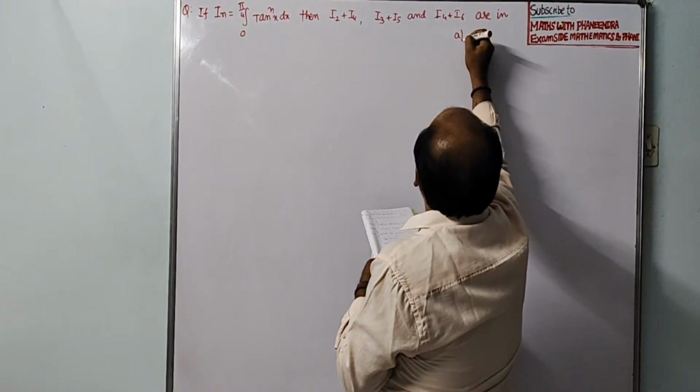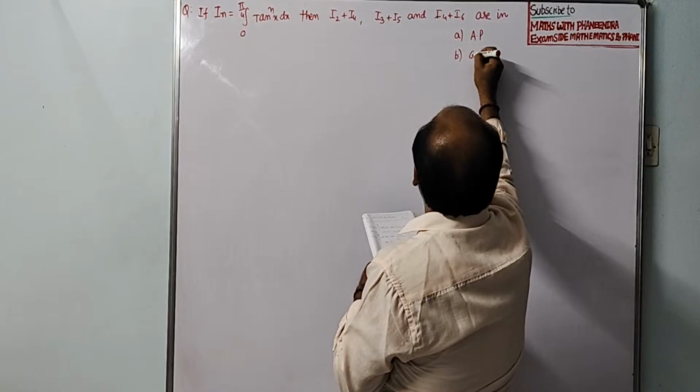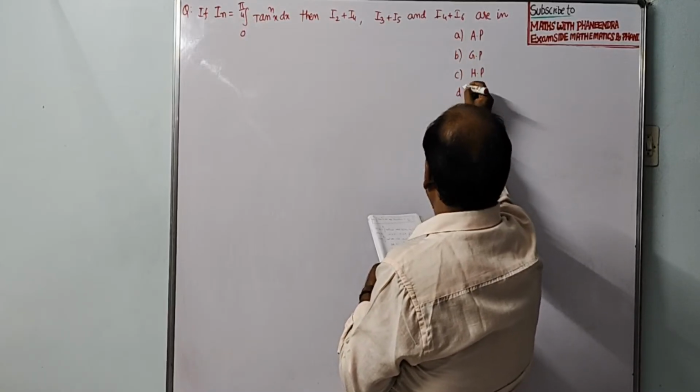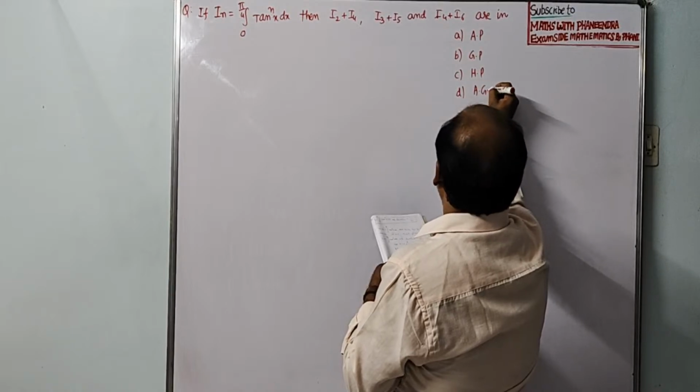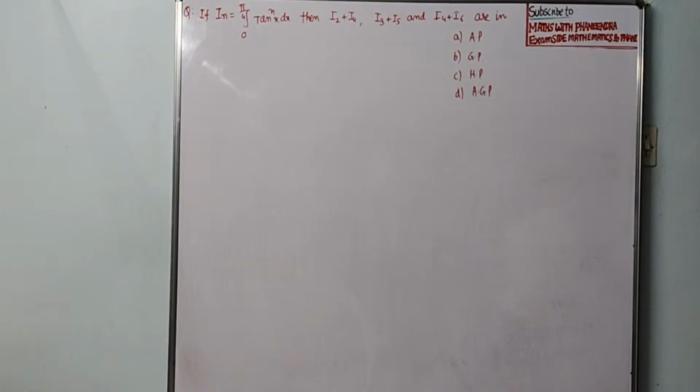First option AP, second option GP, third option harmonic progression, fourth option arithmetic geometric progression. So it was already asked in previous exams.